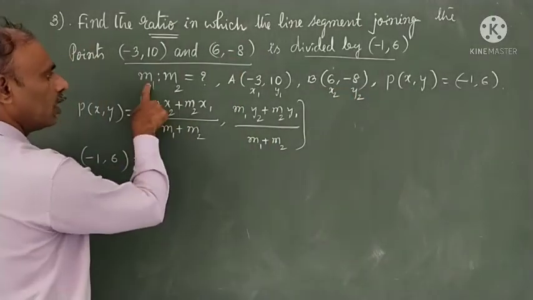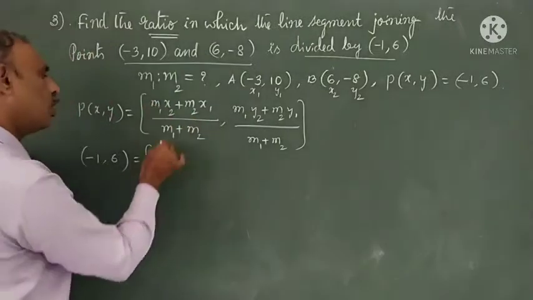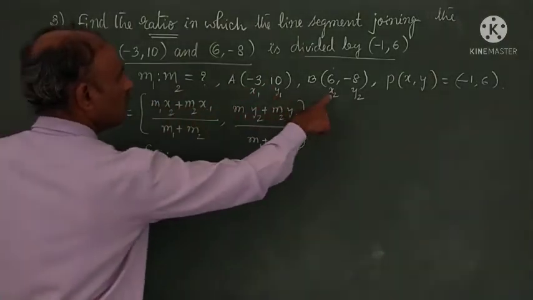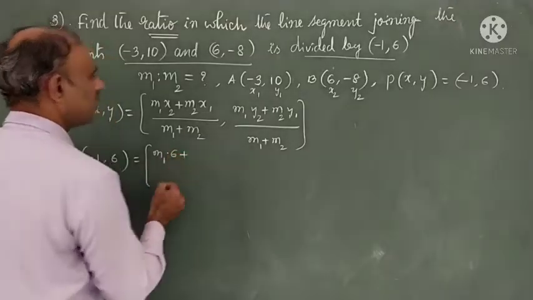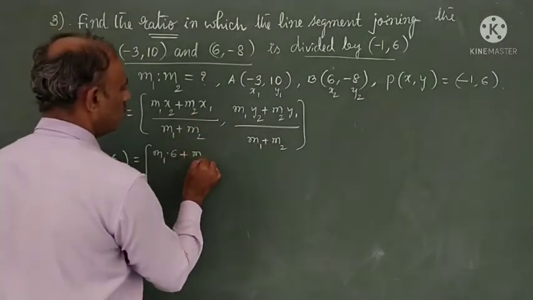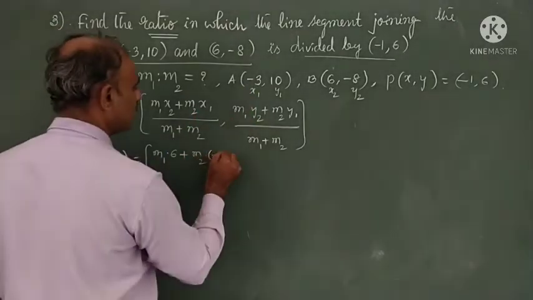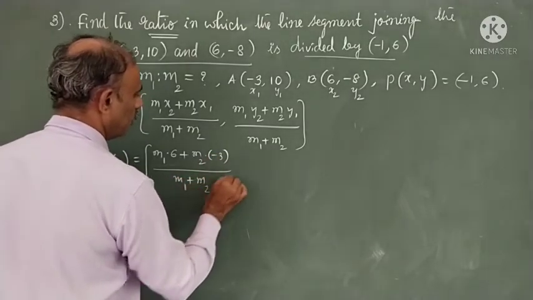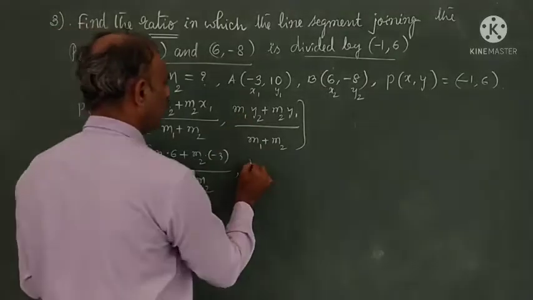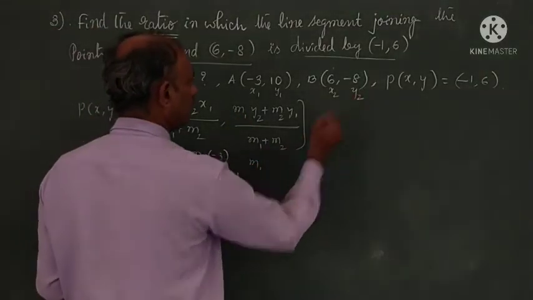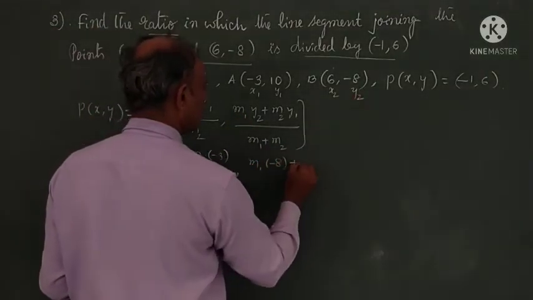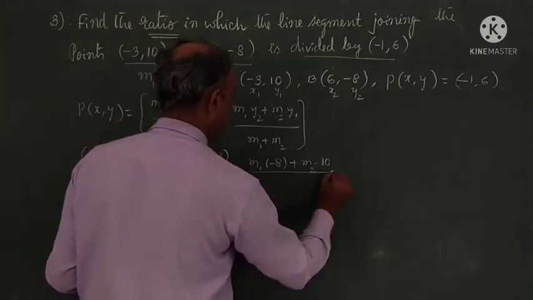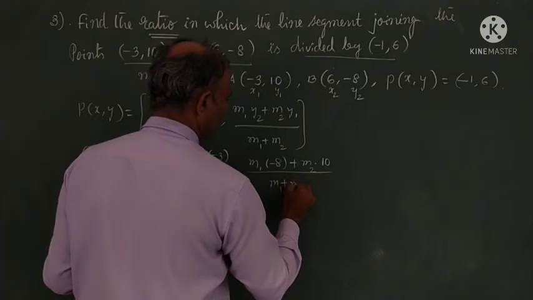Substitute m1 and m2, which we don't know, so write them as they are. m1 into x2, which is 6, plus m2 into x1, which is -3, divided by m1 plus m2. Once again, m1 y2 is -8 plus m2 y1 is 10, divided by m1 plus m2.